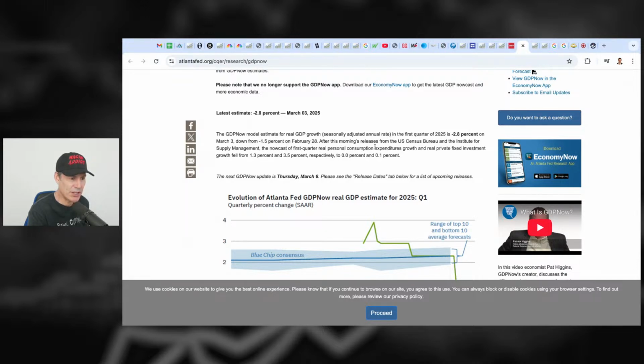After this morning's releases from the U.S. Census Bureau and the Institute for Supply Management, the nowcast of first quarter real personal consumption expenditures growth and real private fixed investment growth fell from 1.3% and 3.5%, respectively, to 0.0% and 0.1%. And again, I'm just reading this for the first time, guys, but this is, I guess, the rationale for why they took it from negative 1.5 to negative 2.8.